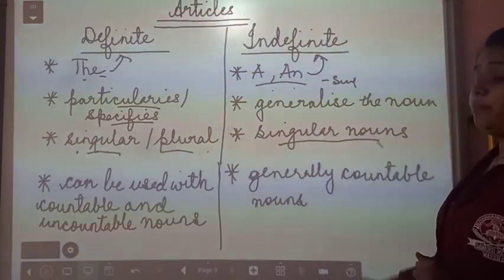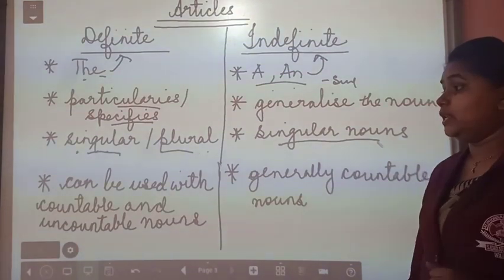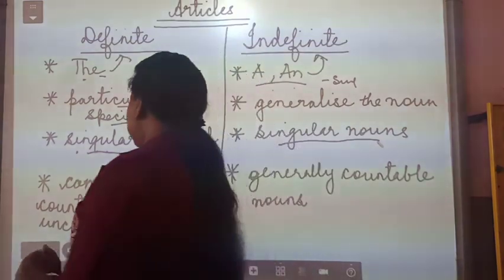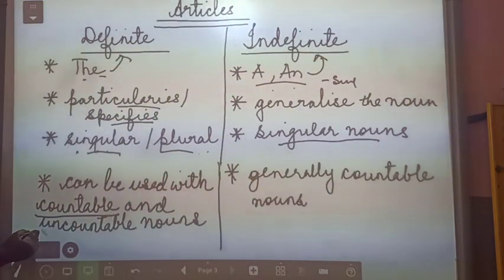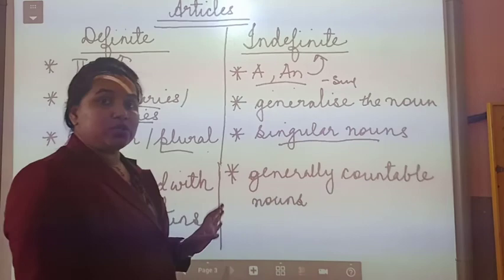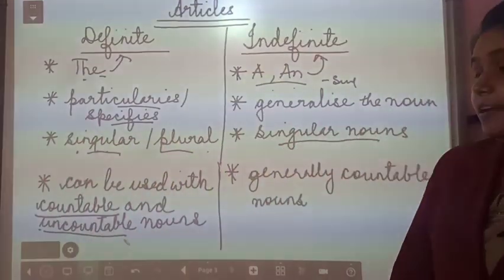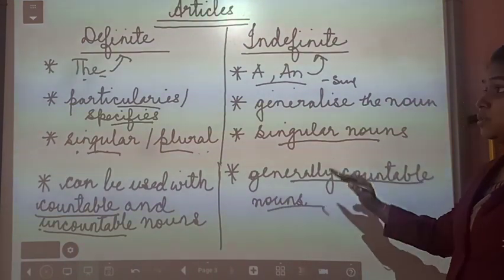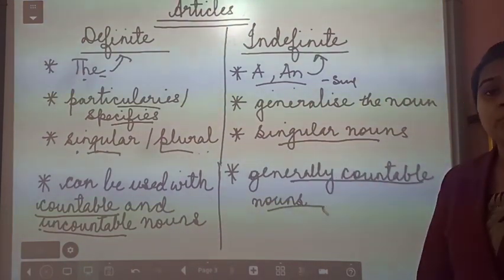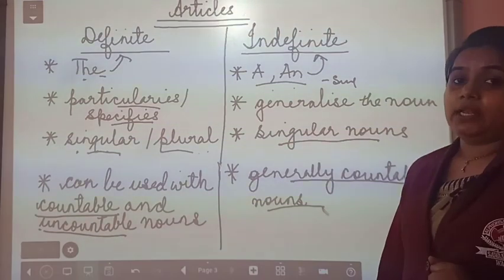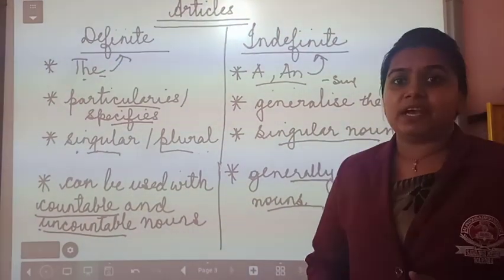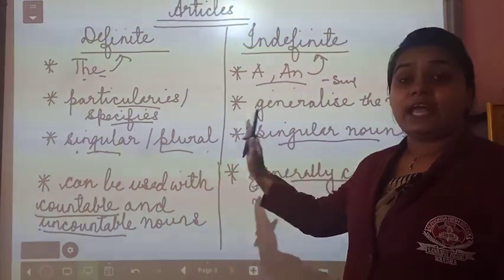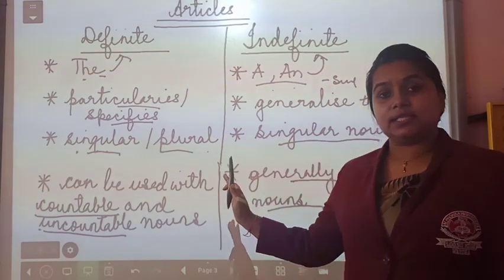Next, the definite article can be used with both countable as well as uncountable nouns, whereas our indefinite article is only used with countable nouns. So these are the things that you have to keep in mind. This is just generally to differentiate between definite and indefinite. This is that difference.